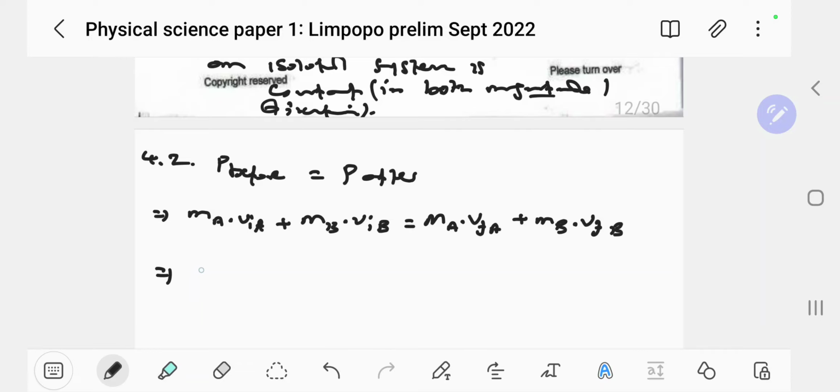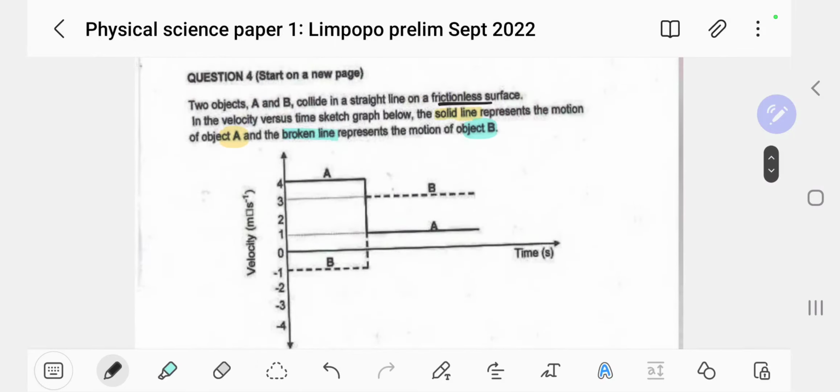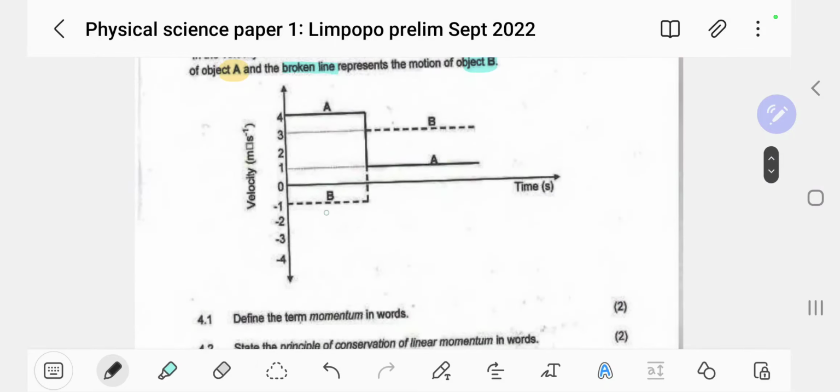Now, what is the mass of object A? We don't know. It's just mass of object A, multiplied by the initial velocity, which was -1. You read it from the graph.